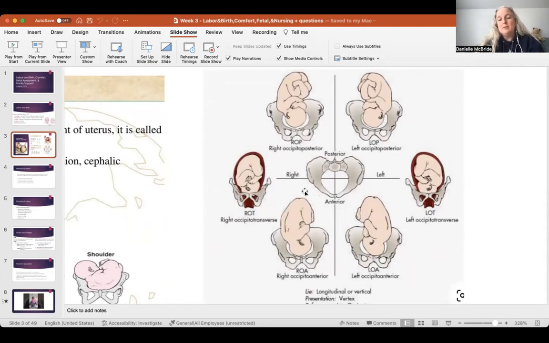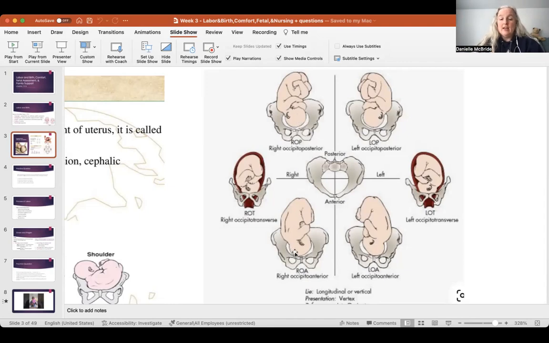So if this is mom's pelvis, the back side of her pelvis, where her spine is, is the posterior side, and the anterior side is her front. For baby, we're looking at the occiput. If we say the baby is occiput posterior, the back of the baby's head is towards the posterior of mom's pelvis. And so you can see in the picture that the baby's face is more towards the front.